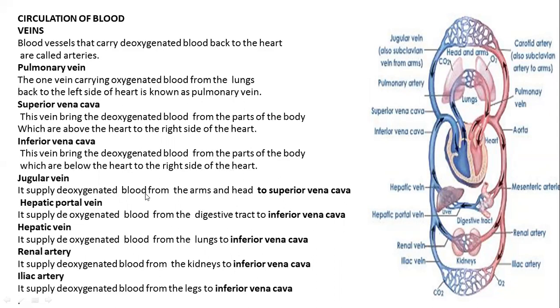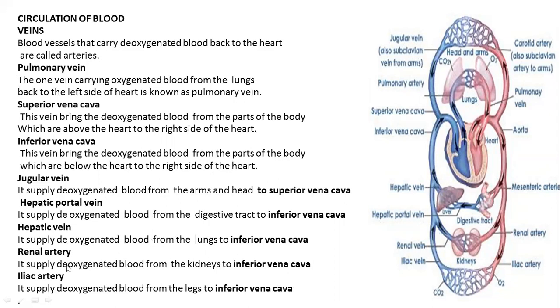Jugular vein brings deoxygenated blood from the arms and head to superior vena cava, and hepatic portal vein brings deoxygenated blood from the digestive tract to inferior vena cava. Hepatic vein brings the deoxygenated blood from the lungs to inferior vena cava.